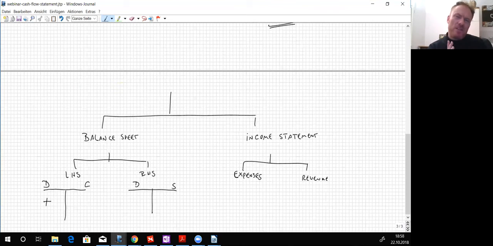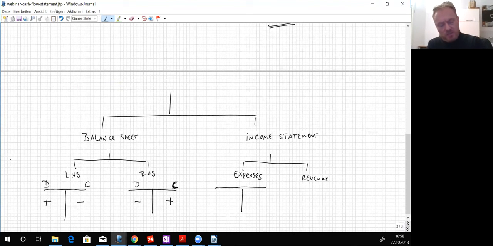Now, the left-hand side of the balance sheet always rises on the debit side and goes down on the credit side. Totally the other way around is true with the right-hand side: things go up on the credit side and go down on the debit side.